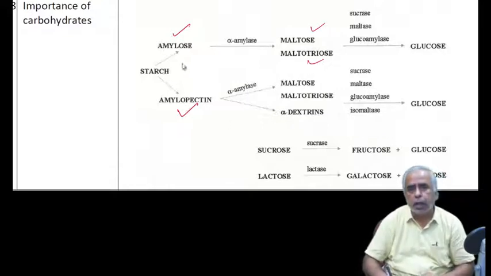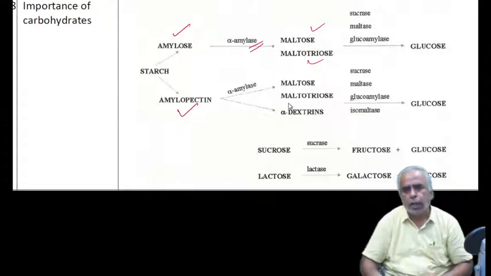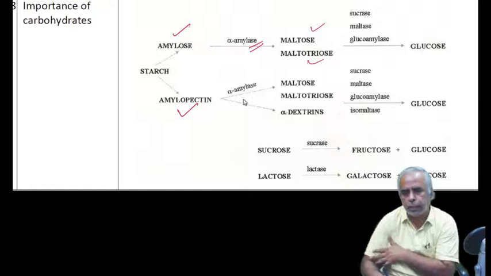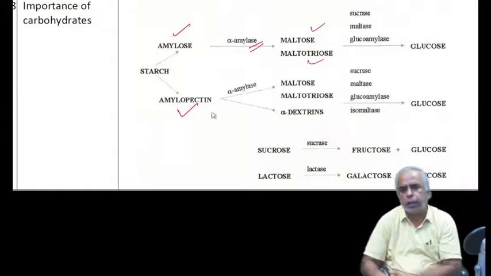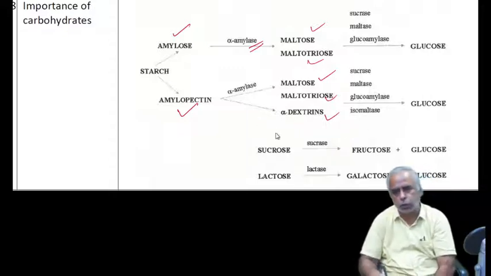Similarly here, and we use amylase. Lase means the enzyme that is responsible for breaking the alpha linkage, and similarly we break with the help of the enzyme alpha amylase. So here the amylopectin gives maltose, maltotriose, apart from that alpha dextrin also.